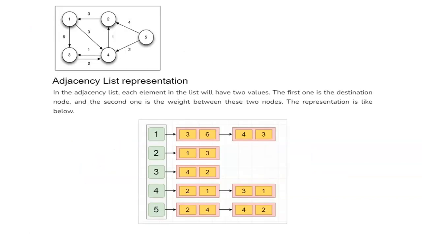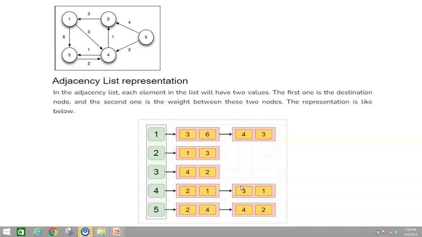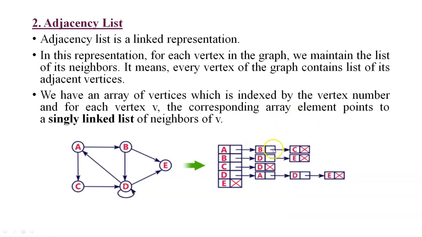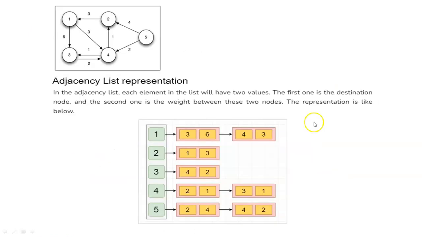The next one is the same adjacency list representation, but used for a weighted graph. So here, as before, you write which vertices are connected, but here you are going to consider the weight also. You represent all the vertices present in the graph, 1 to 5, as headers, and then you check from 1 which vertices you can travel to.